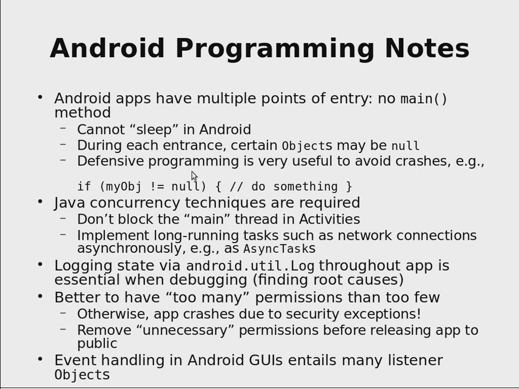So that is very important, and what you do in these methods, you can always check. For example, if it's not null, you continue. If it's null, you recreate it, or you always just read them from your external persistent storage like the file system to read these values back. So that's one thing.